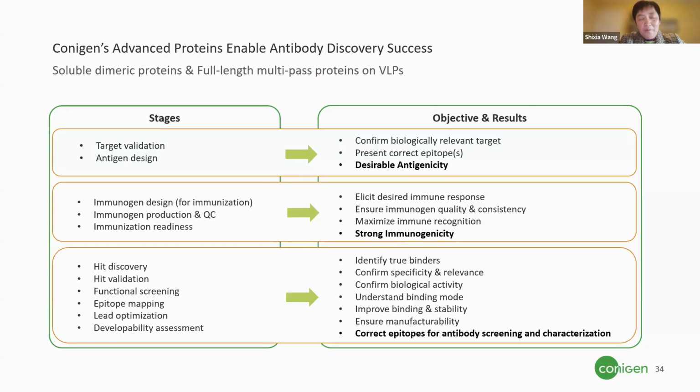The third box shows the antigens can be used for many different kinds of in vitro assays, including antibody screening, selection, validation. So those show these antigens can present the correct antibody for antibody discovery.